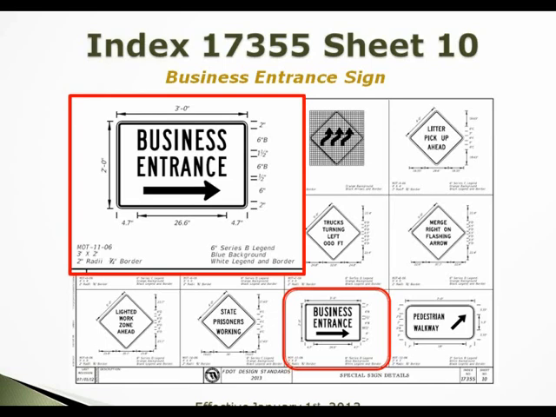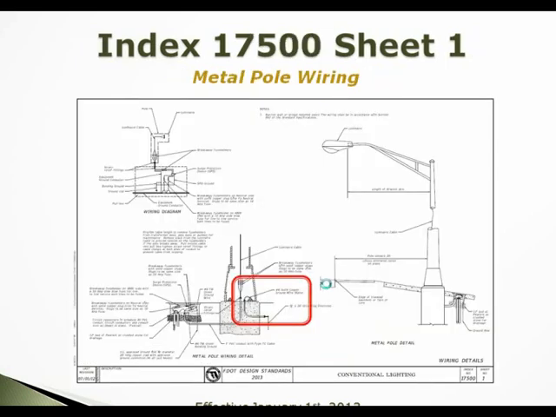So we've changed the sign size from 3 by 3 to a 3 by 2. Now, I agree with you, it kind of reduced the spacing between the letters and the space between the entrance and the arrow, but this sign looks a lot better on a single column sign. So this particular sign now is reduced for a single column sign.